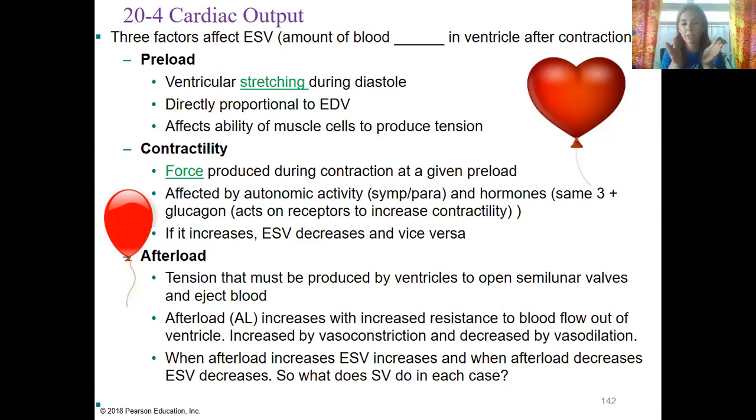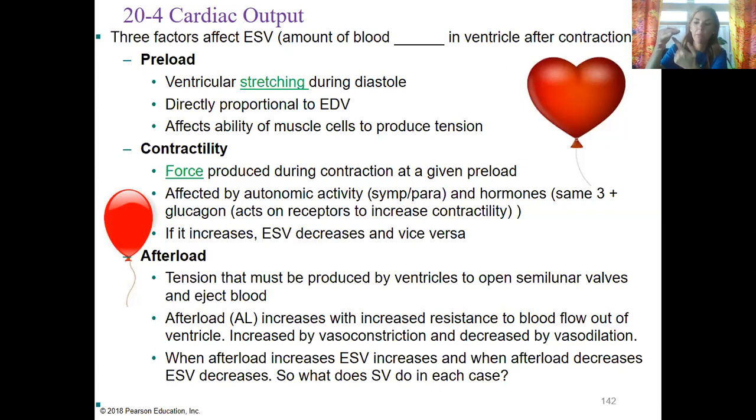Afterload will increase if you have increased resistance to blood flow out of the ventricle. The example I gave is that it is increased by vasoconstriction and decreased by vasodilation. Think about that aorta that sits on top of the aortic semilunar valve.